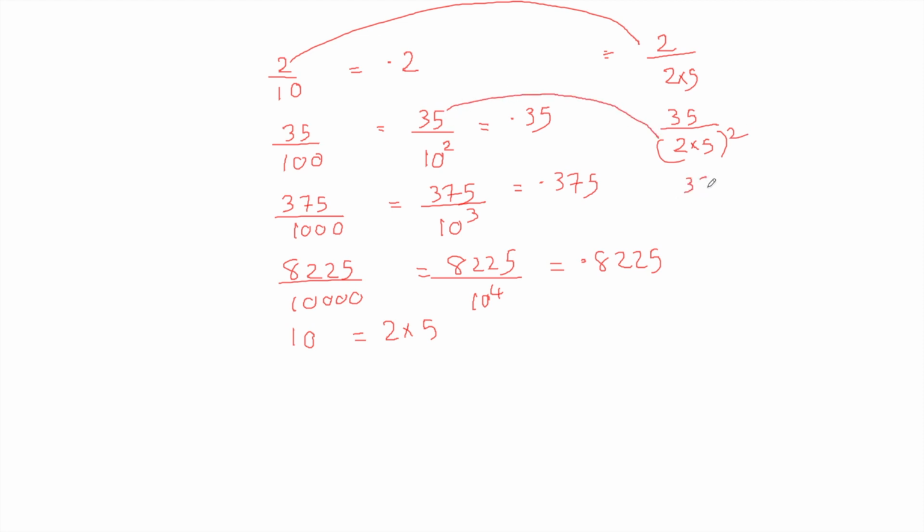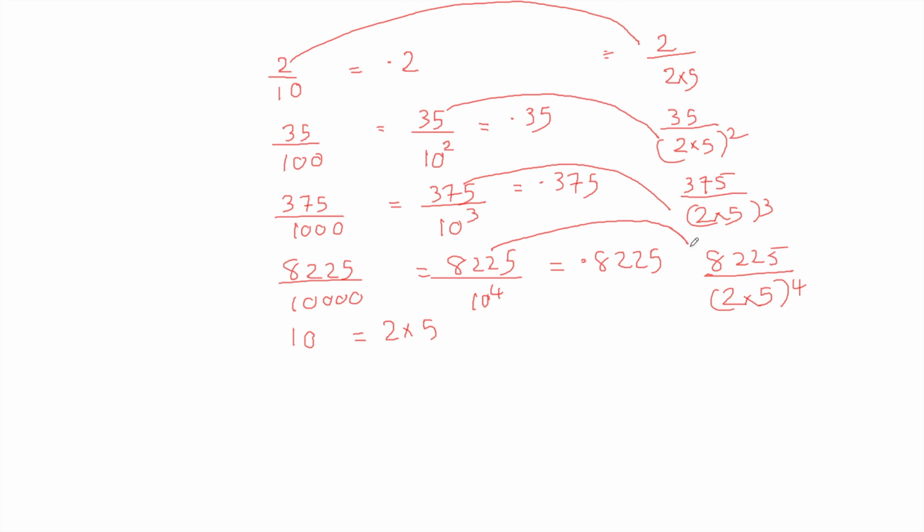Then 375 divided by 2 into 5 cube. 8225 divided by 2 into 5 raised to 4. Instead of 10, I substituted 2 into 5.